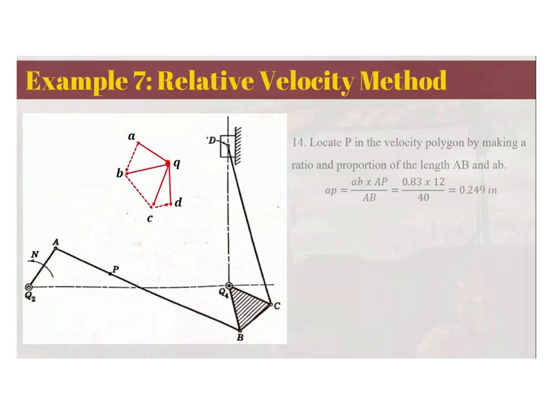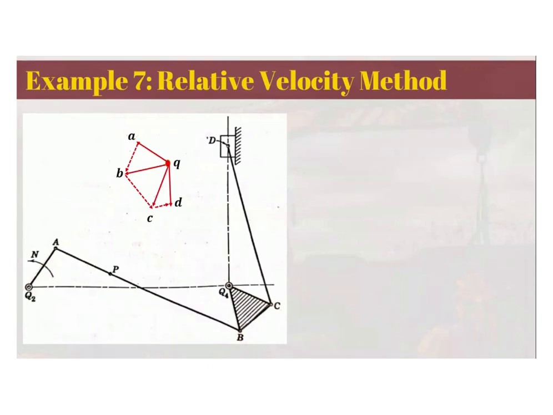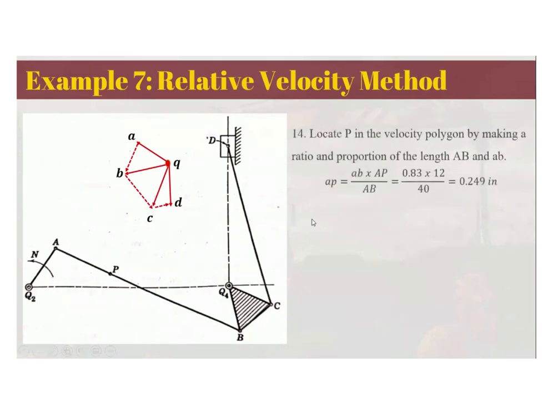So now that we have the complete velocity polygon, we have QA, the velocity of A, QB, the velocity of B, QC, the velocity of C, QD, the velocity of D, as well as the relative velocities. We can solve for the remaining unknowns.